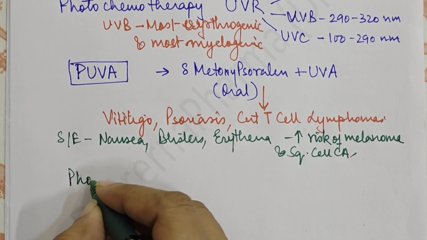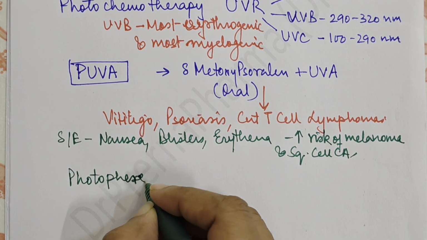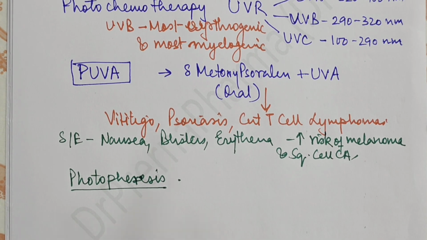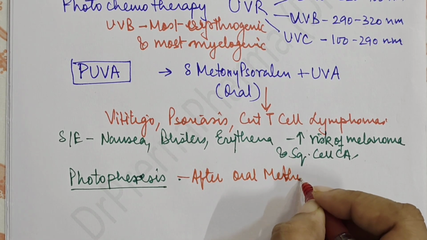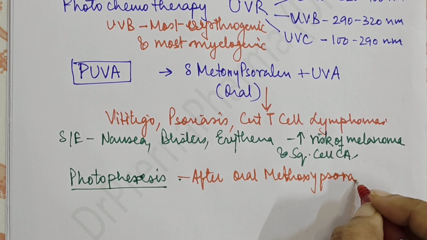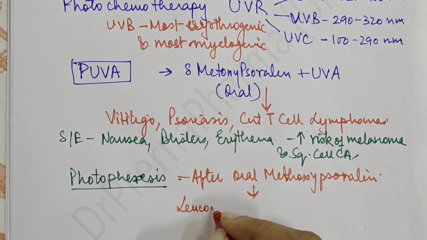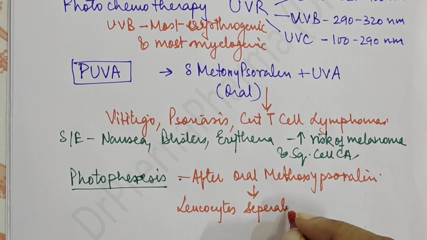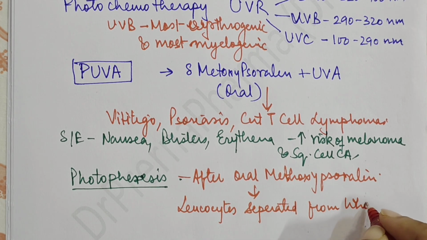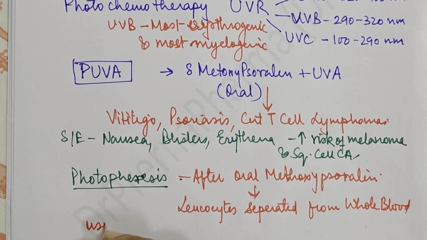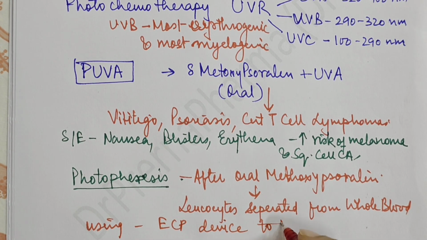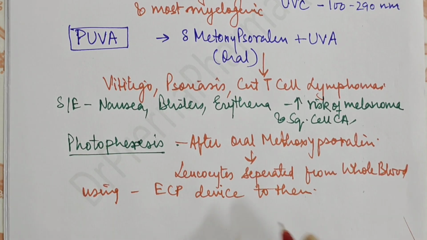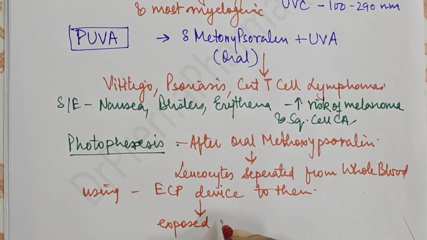Then there is something called photopheresis. Now what is photopheresis? After oral methoxypsoralen is given, leukocytes are separated from whole blood using an ECP device, that is extracorporeal photopheresis, and then the leukocytes are exposed to ultraviolet radiation.